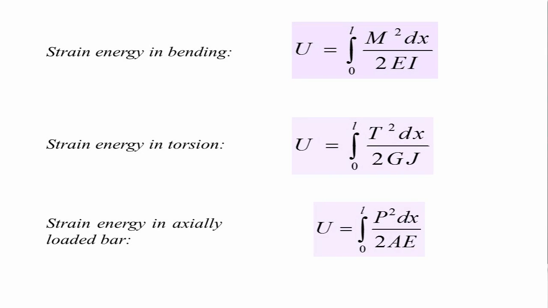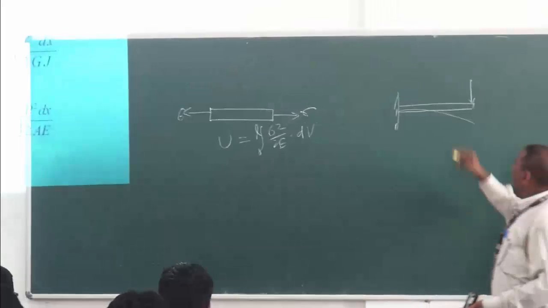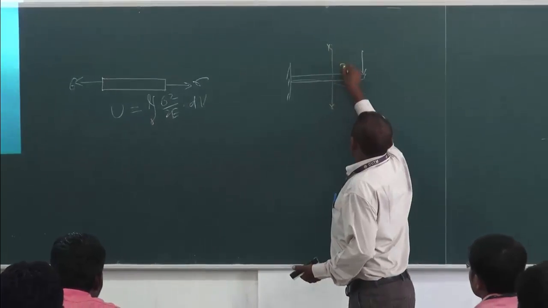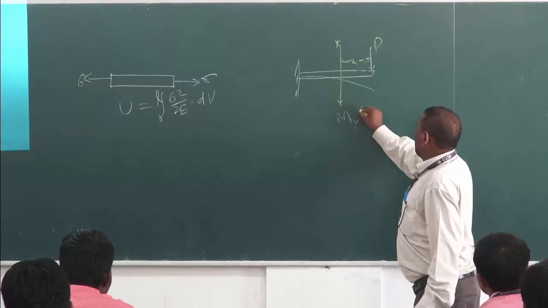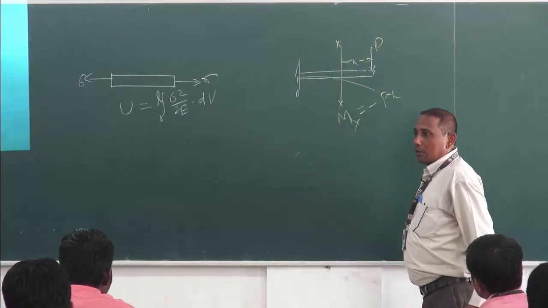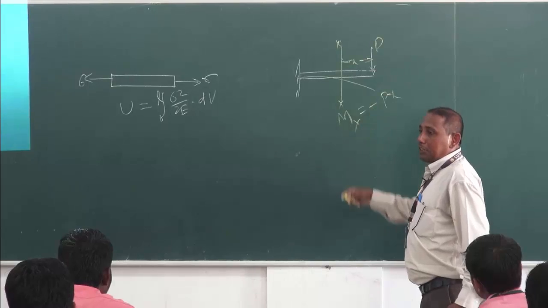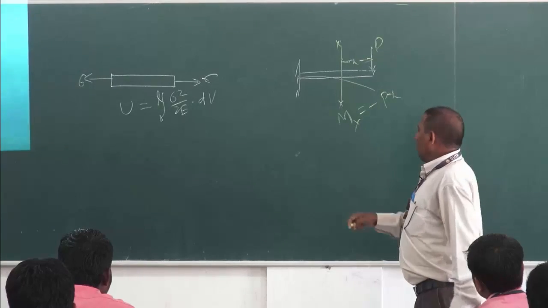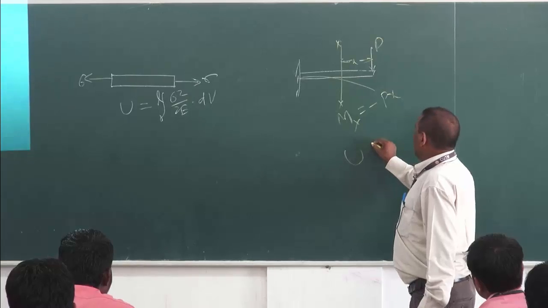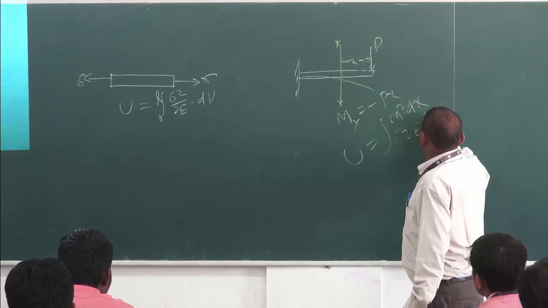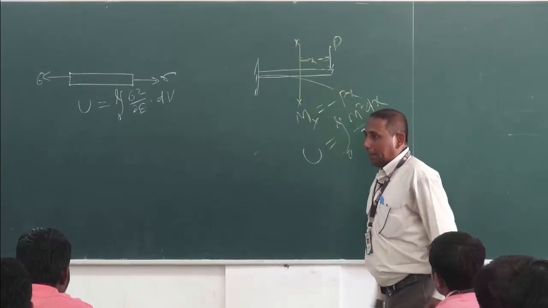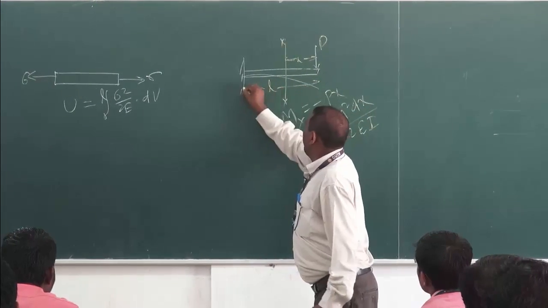Similarly, due to bending, we know that when a beam is loaded by transverse load, the beam will bend. Let at any section, this is your XX, at a distance X, and this is your M. And this M is equal to minus P into X. This bending moment produces strain energy on the beam, and the strain energy produced due to bending moment is given by the integration from 0 to L of M square dx by 2EI, where L is the length of the beam.